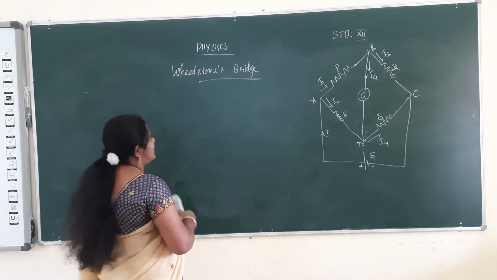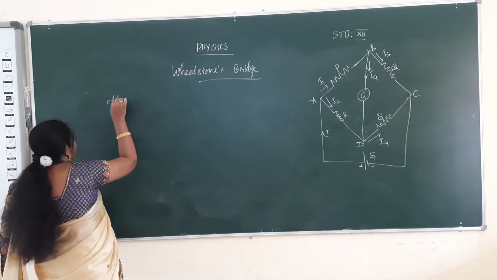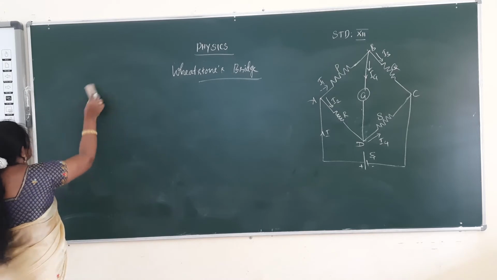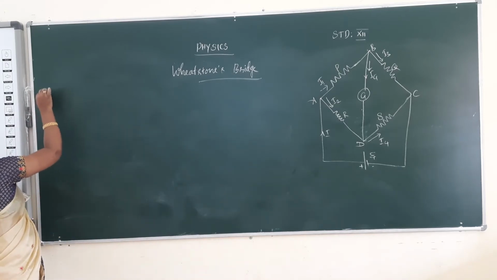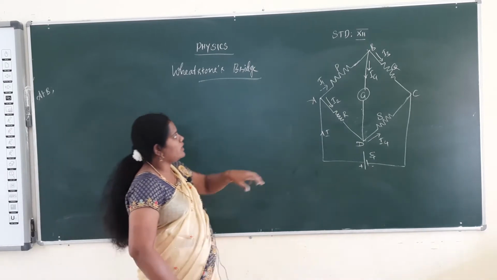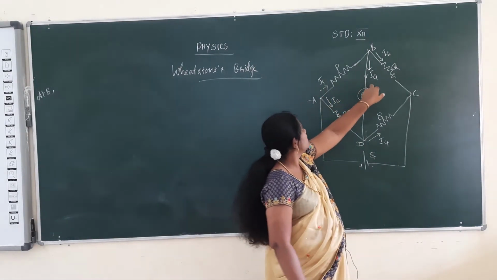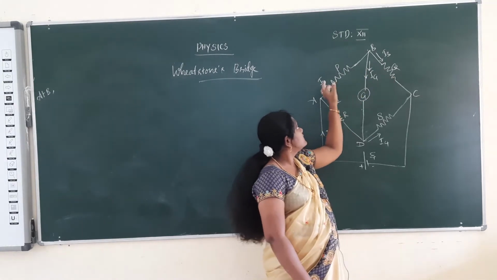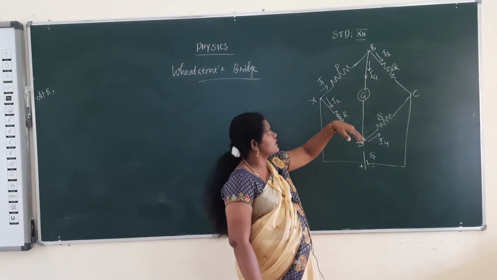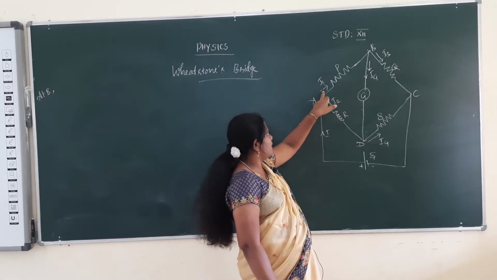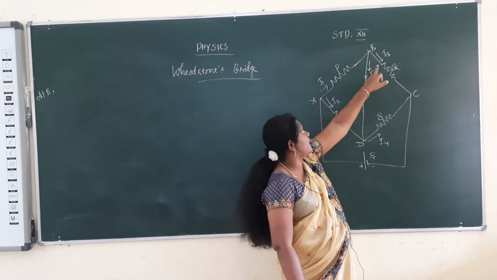At the point B in the circuit, we apply Kirchhoff's rule at B. At B, three currents are there: I1, IG and I3, correct? I1 is entering, IG is leaving, I3 is leaving.